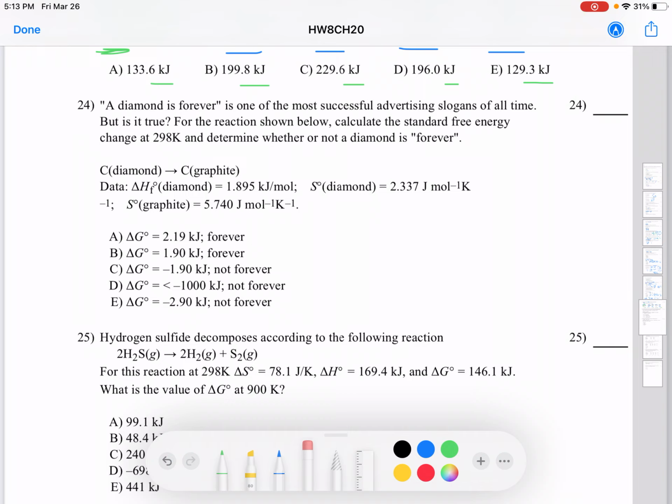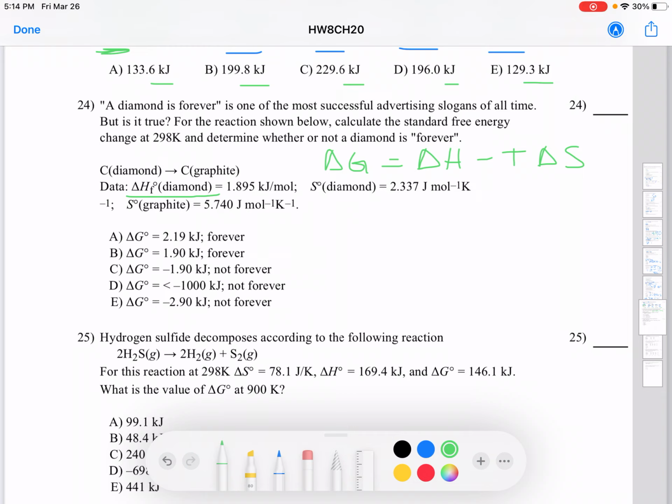Now let's see. We're going to find out the delta G, and we are going to use the equation delta G equals delta H minus T delta S for the reaction. And we are given delta H for the diamond. And since it's carbon, delta H would be 0.